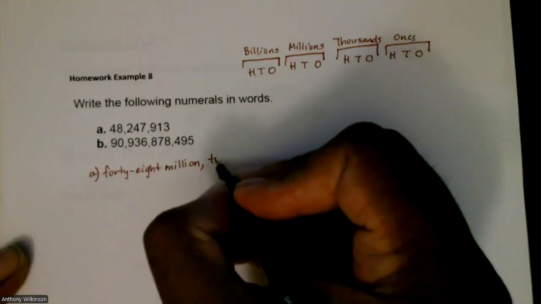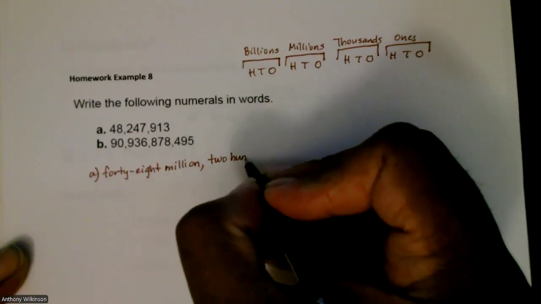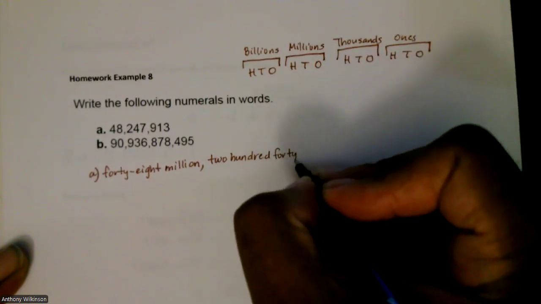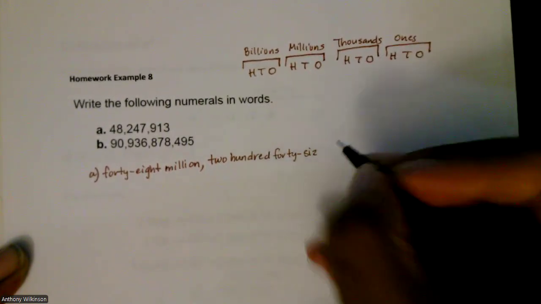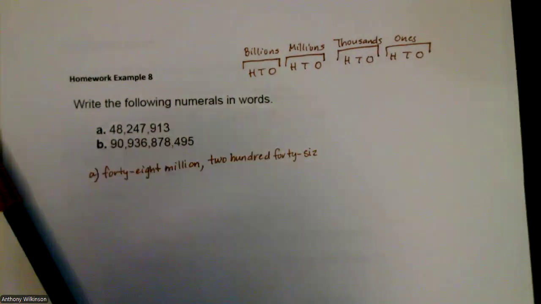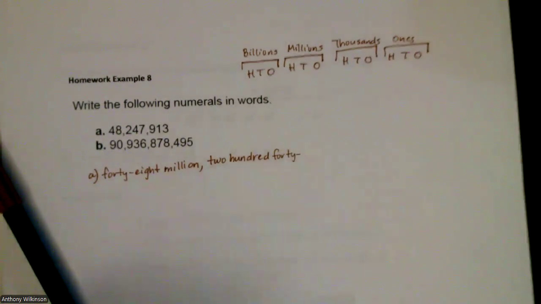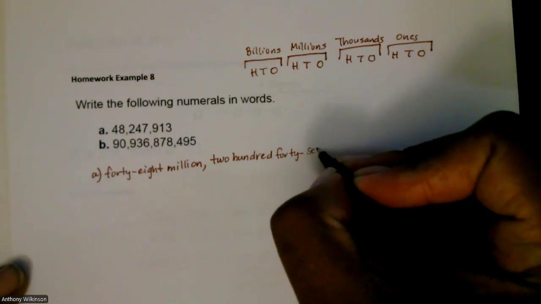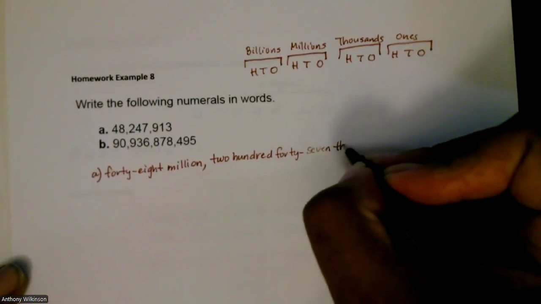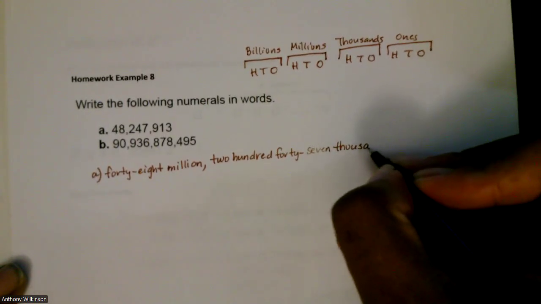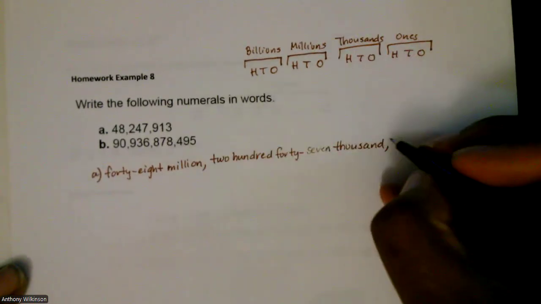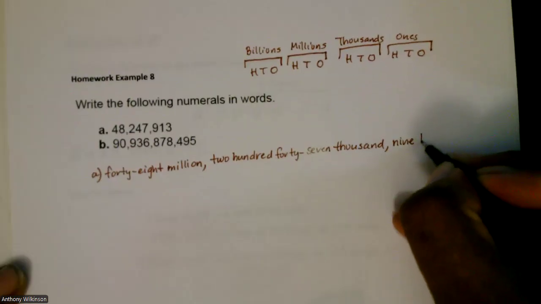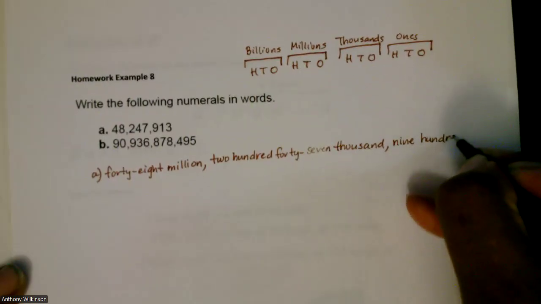So it will be 247,000. And then 913 is in the ones period, but we just say 913.